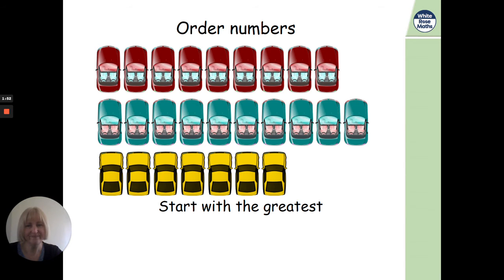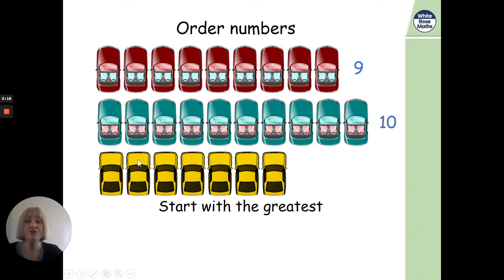Let's learn. Order numbers, start with the greatest. Well, we've got to count them, haven't we? 1, 2, 3, 4, 5, 6, 7, 8, 9. Let's count the blue ones. 1, 2, 3, 4, 5, 6, 7, 8, 9, 10.